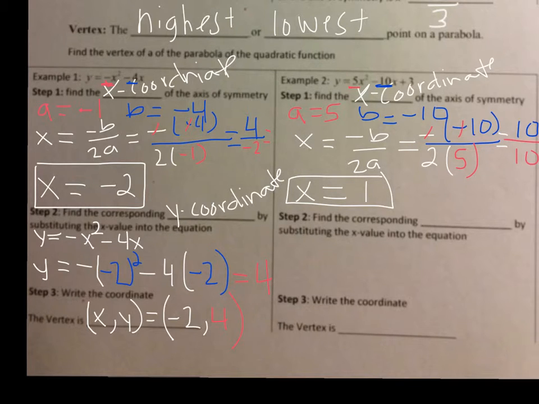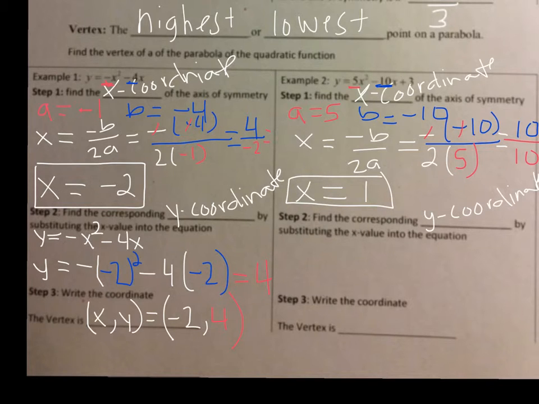x equals 1. Step number 2, we're going to find the corresponding y coordinate by substituting the x value into the equation. So our equation, if you look back right next to example 2 up here, is y is equal to 5x squared minus 10x plus 3.